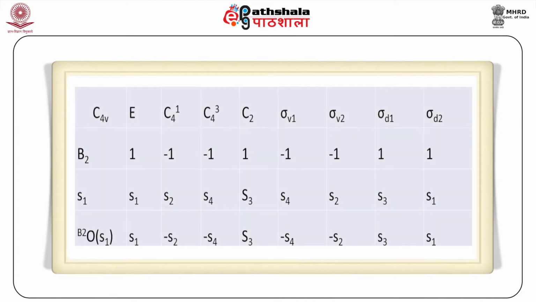Now, we make use of B2 on S1, that is we will go for the transformation operator corresponding to B2 on S1, or we can make use of the projection operator, and the results on this S1 are again summarized in the table.